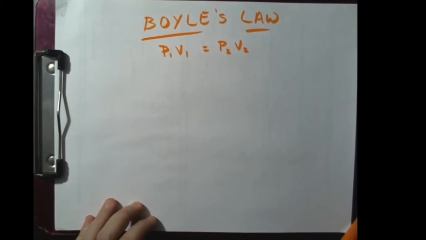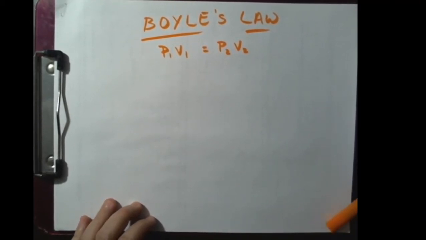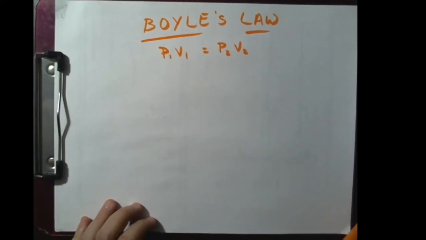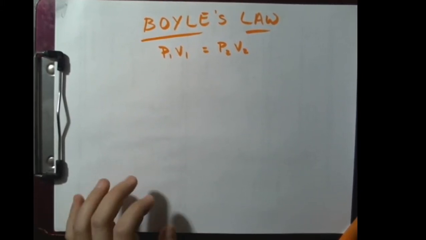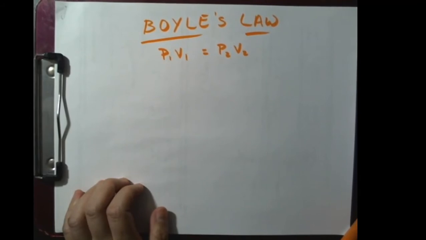So the very first question on our Boyle's Law practice problems is: you decide to climb the tops of some of the tallest mountains. Before you leave on your epic journey, a friend gives you a balloon with a volume of 800 centimeters cubed that was inflated under standard atmospheric pressure.